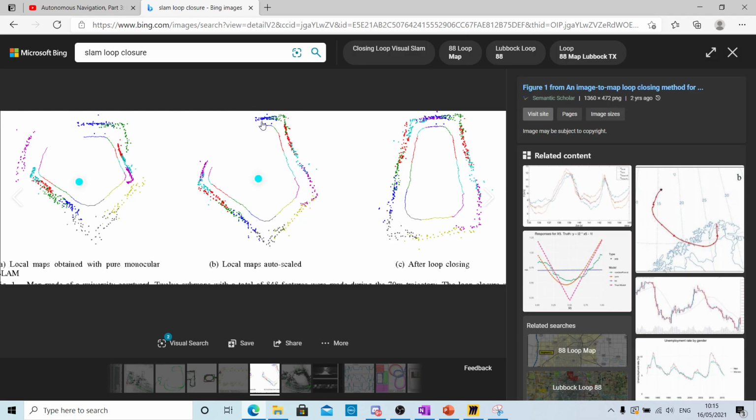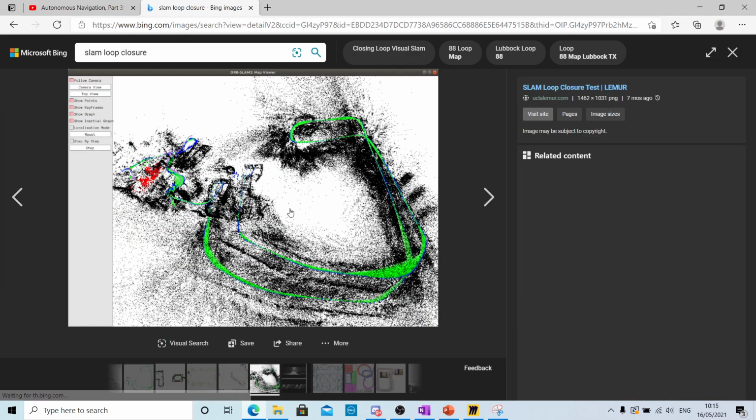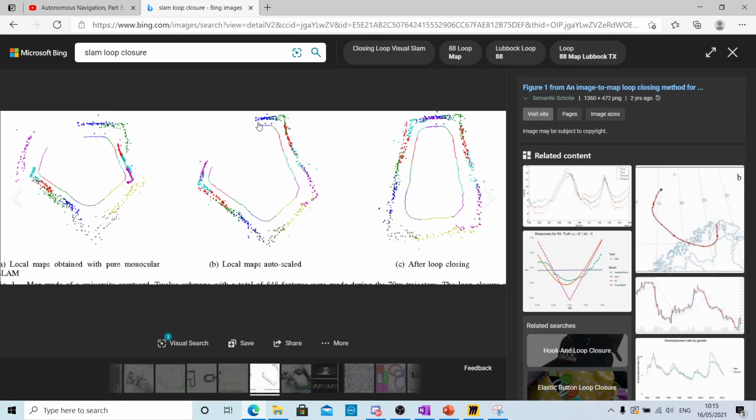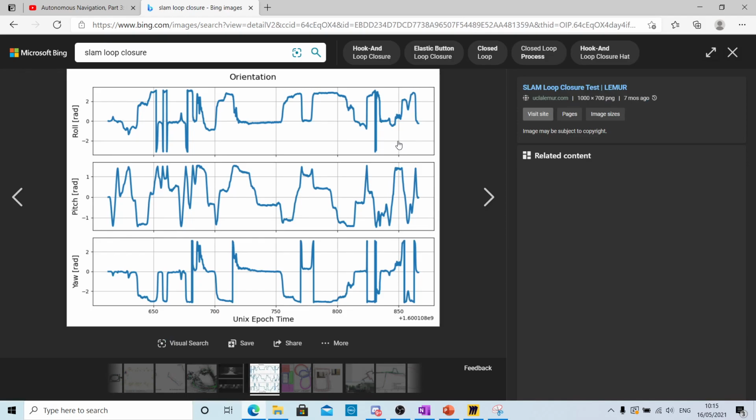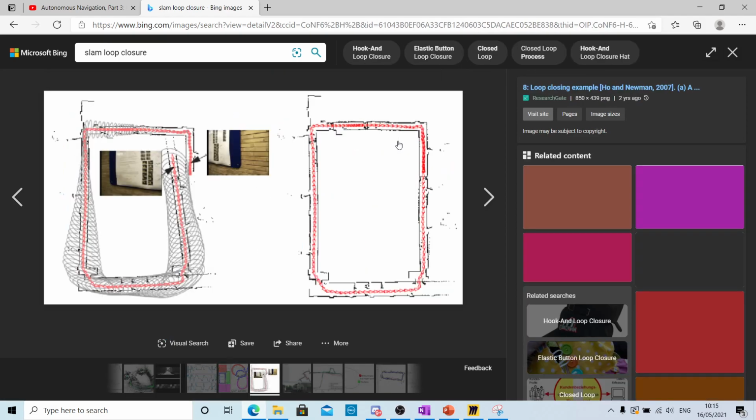This is not correctly estimated, and so after the end position it updates this particular position, and after that all of the intermediate poses are updated such that the map is also now a more accurate indicator.